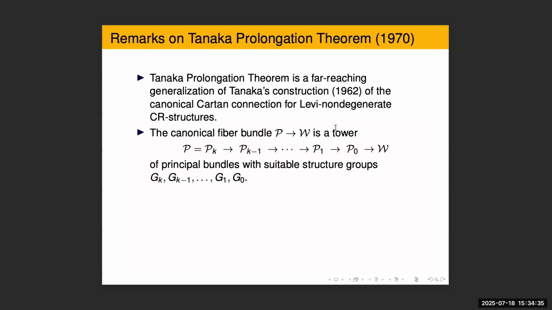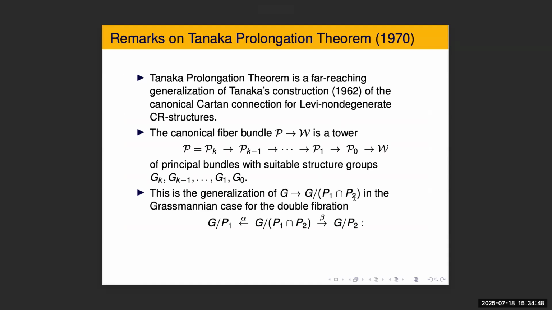And here, the canonical fiber bundle P is a tower of principal bundles with different structure groups, of course. As you can see, that is a generalization, in the Grassmannian case, of the quotient of a group by the parabolic subgroup associated with this double fibration. The generalization is that Tanaka does not require a homogeneous space.